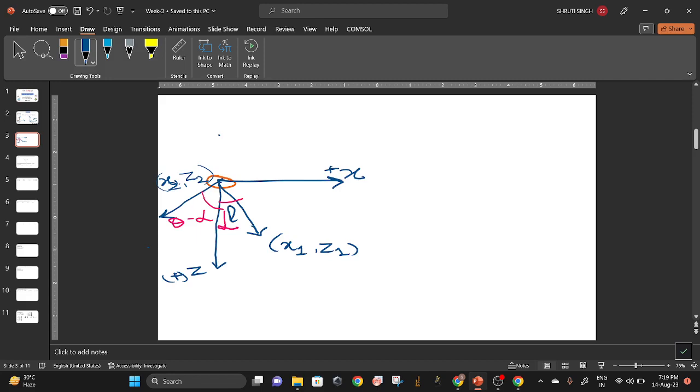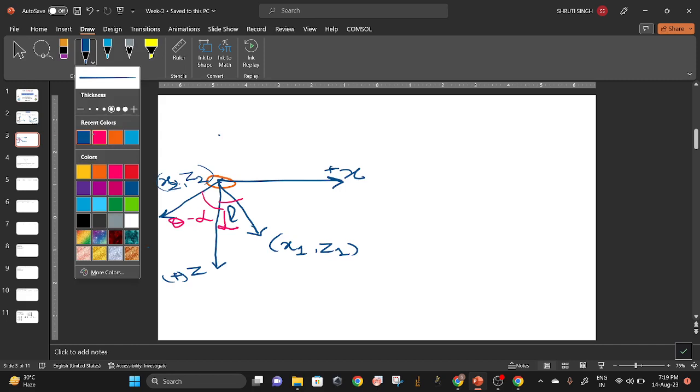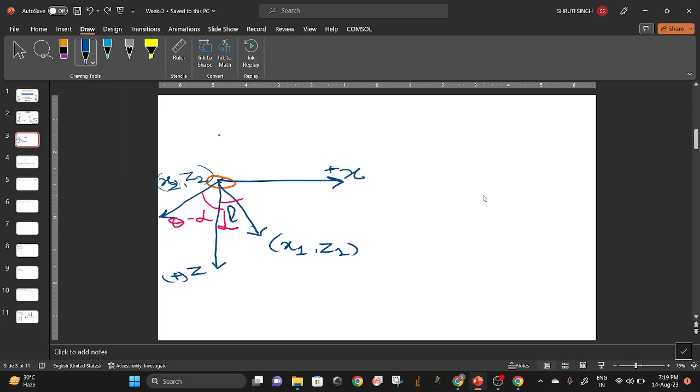Okay, let me try your way. Let's see if we reach the same answer or not. This is alpha minus theta.